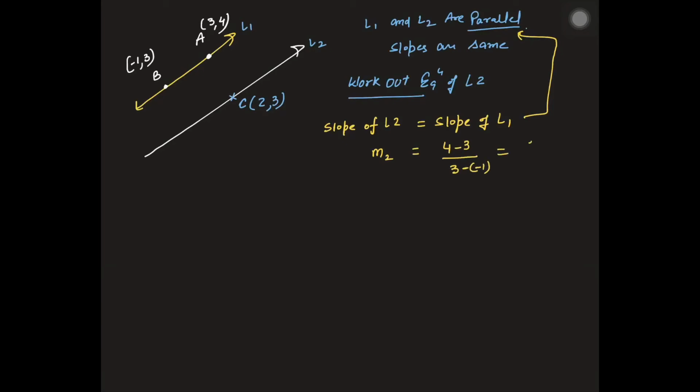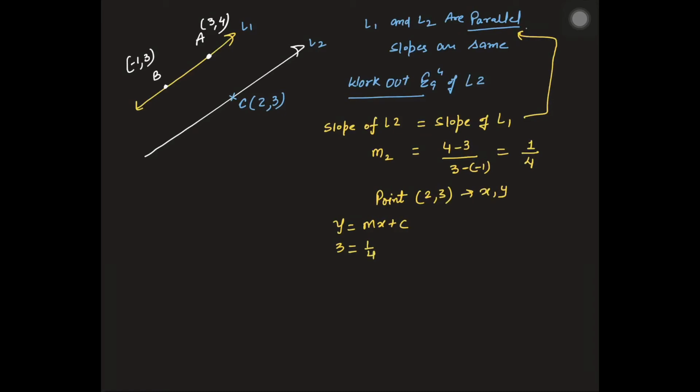It would be positive in the denominator. So 1/4 is the slope. Slopes are same because they are parallel. Okay. Now the point is 2 and 3. This point is on L2. Therefore we are going to use it as x and y for the equation.